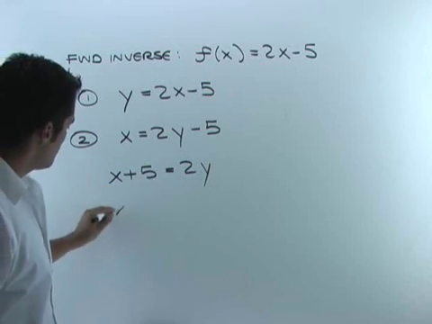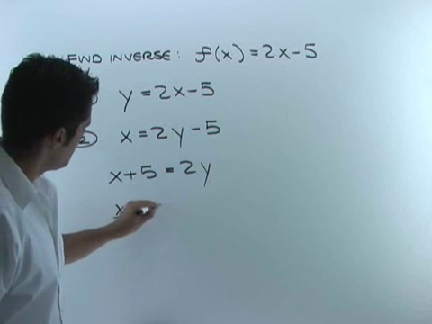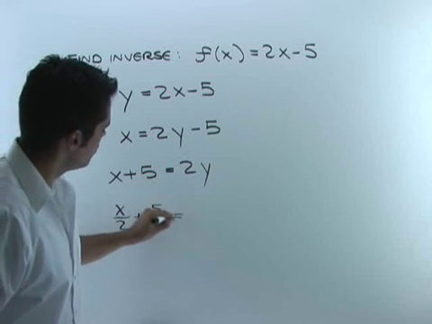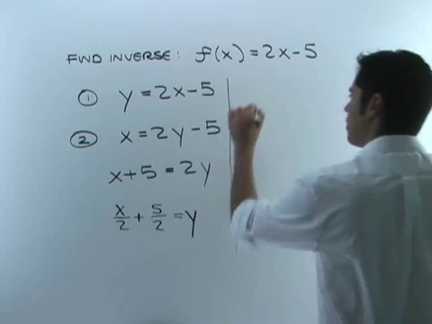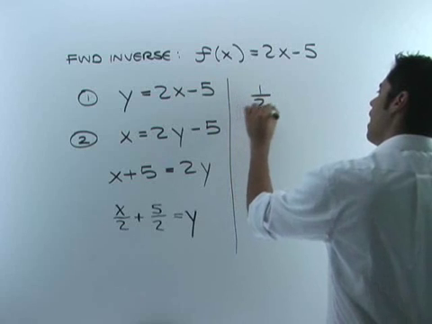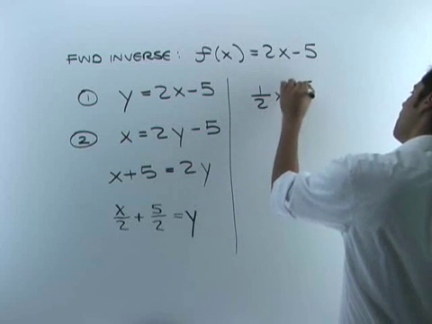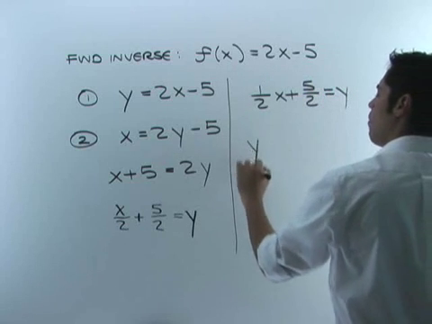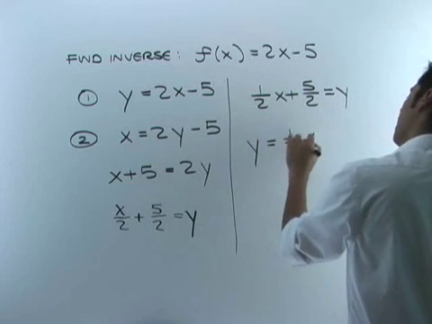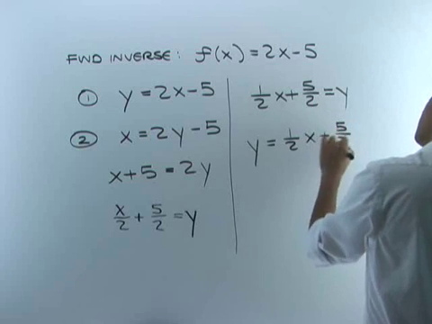So I get x over 2 plus 5 over 2 equals y. Now I'll clean that up. This means 1/2 of x plus 5/2 equals y, or you could say y is equal to 1/2 x plus 5/2.